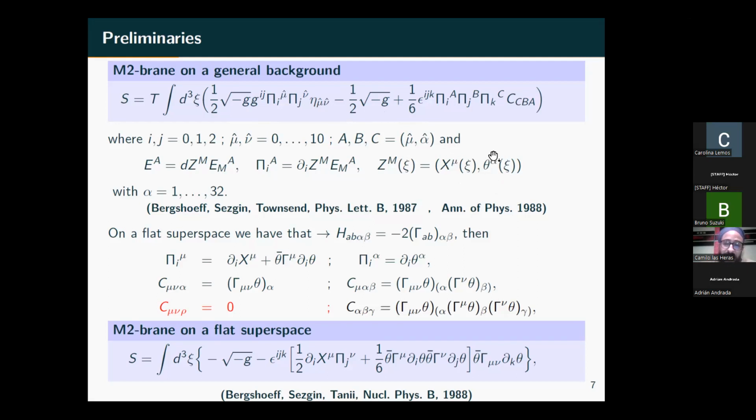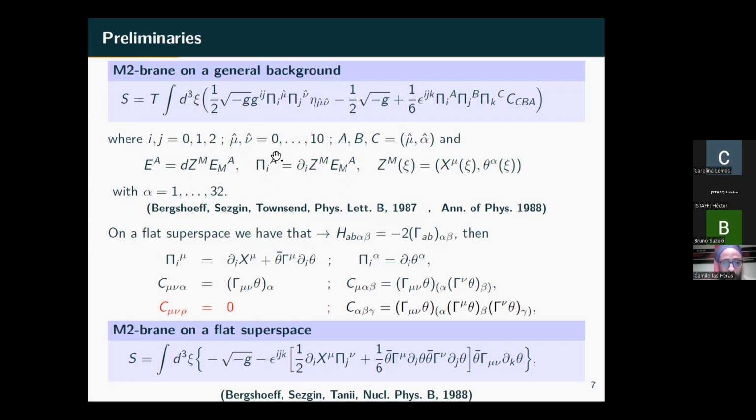And the fermionic ones in this case are Majorana fermions of 11 dimensions. And this Pi that we have here is the pullback of the supervielbein to the worldvolume of the M2 brane. Okay, the supervielbein is this one, and this is the pullback.